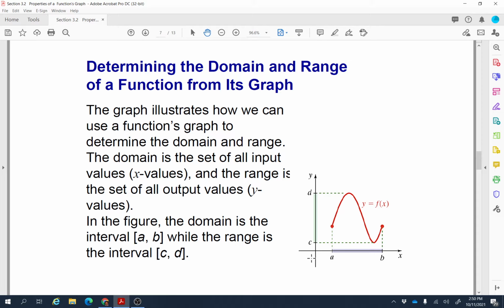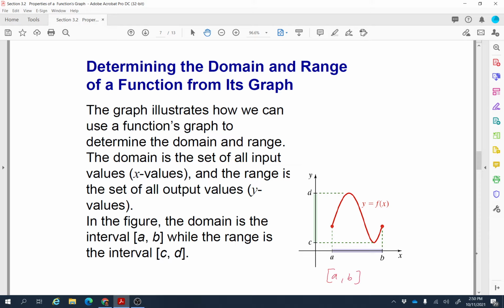To find the domain, when you walk from left to right on this graph, from what value of the x-axis to what value of the x-axis we go, that is the domain. In this graph, it goes from x equal a to x equal b. So the domain of this function is from a to b, including a and b.